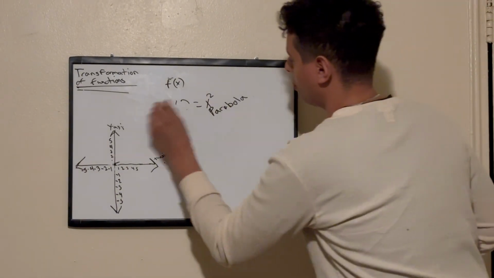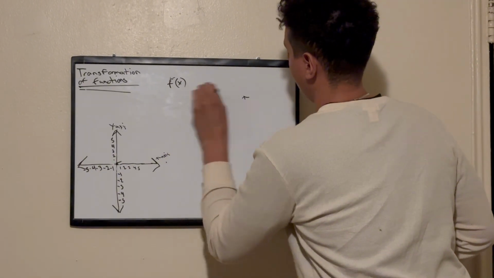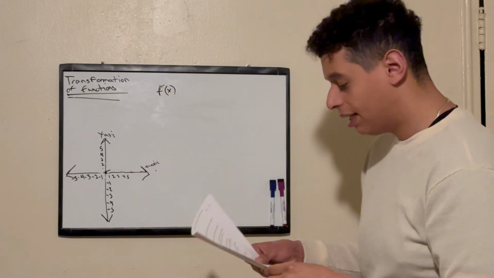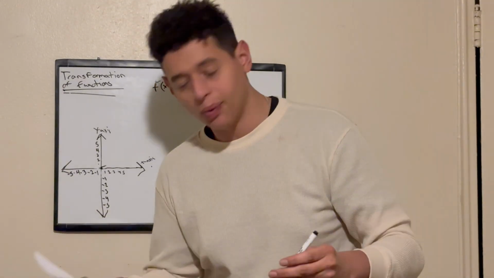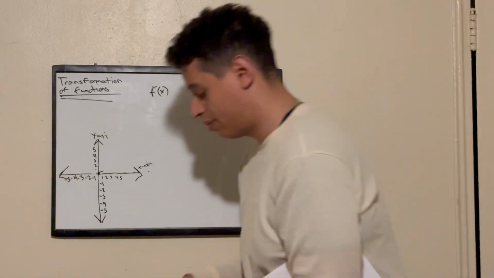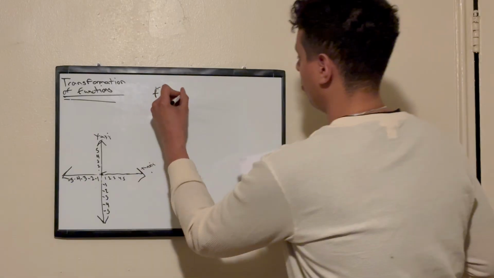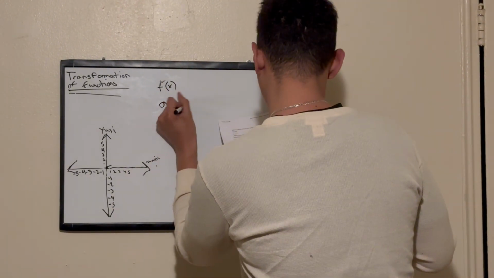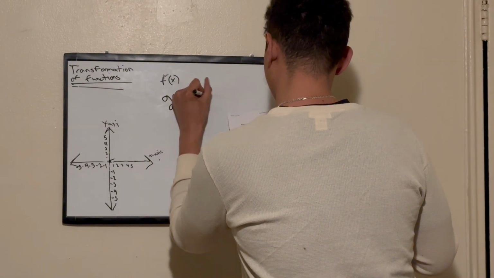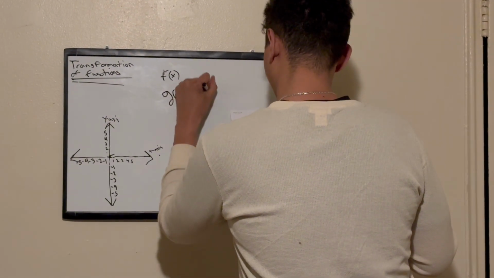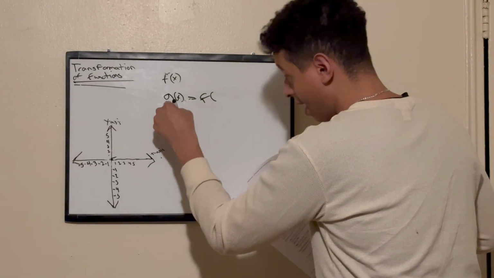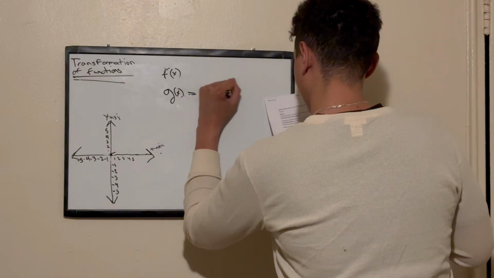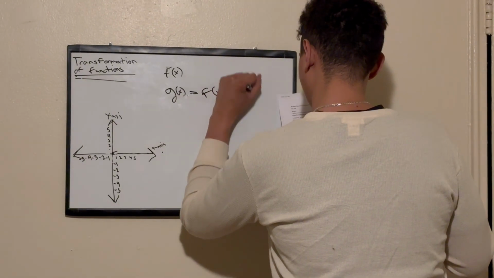Okay, so that's one example of the transformation of functions and all the fun stuff we can do. Let me give you an example of what a transformation function would look like. It would simply be g of x equals f of x, from the original, all three functions we're trying to graph, (x minus h) squared plus k.